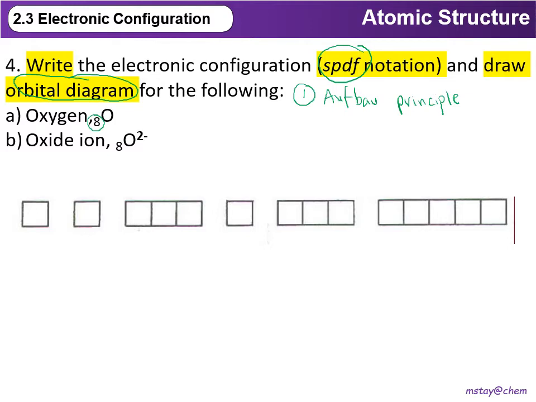So among all the orbitals, the arrangement of energy in increasing order is 1s, followed by 2s, 2p, 3s, 3p, and then don't forget, before we fill into the 3d orbital, we supposedly have to fill up the 4s orbital first.